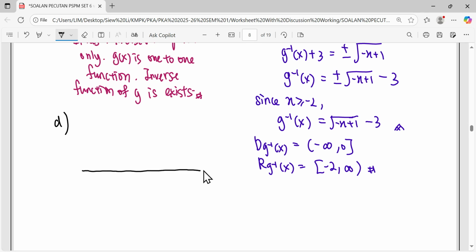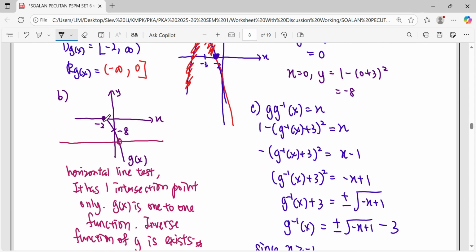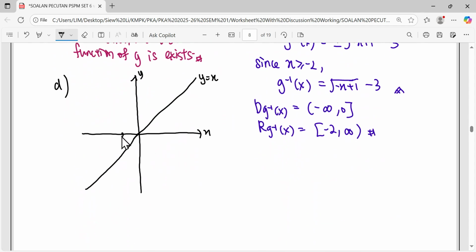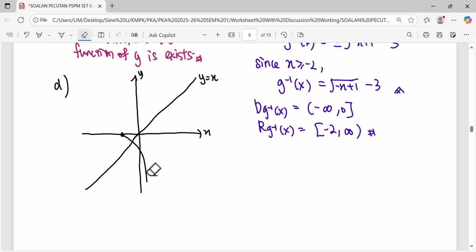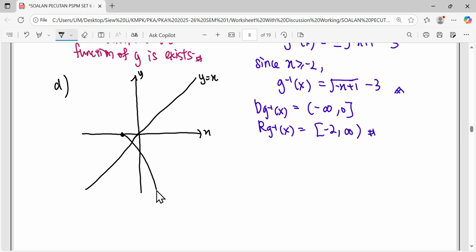So to get your inverse graph, you need x-axis, you need y-axis, and then some more you need reflection, line of reflection, y equals x, and just now, negative 2. Negative 2 sentuh sini. Your graph is coming down like that, quadratic. So draw it. This is your g(x), intersect at negative 2, intersect at negative 8.